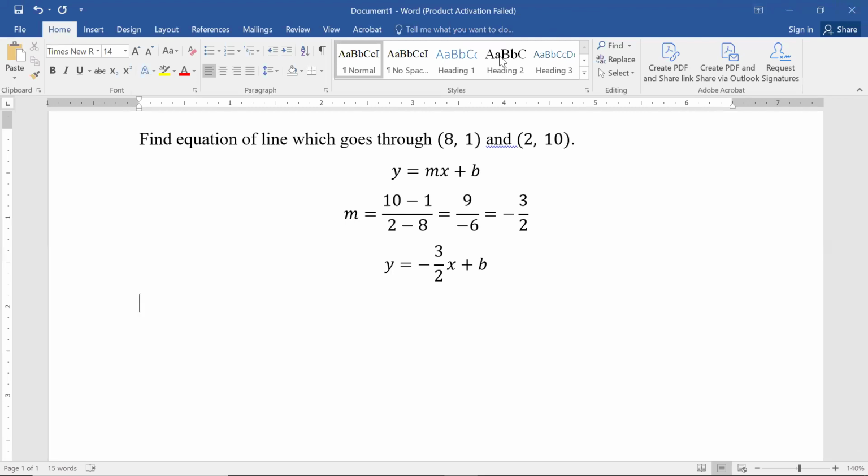Essentially, now I know that my equation looks like this. I also know that my line hits (2, 10) and (8, 1).